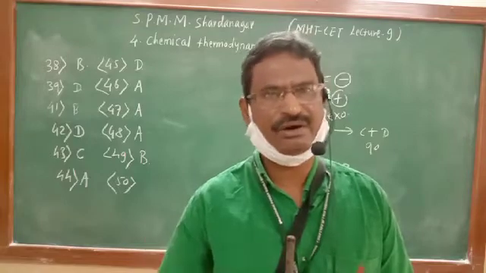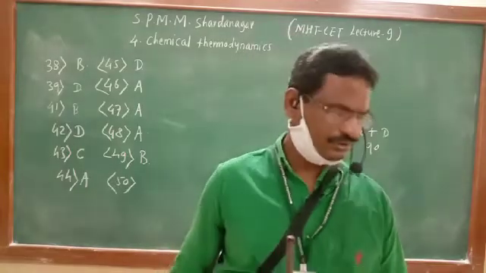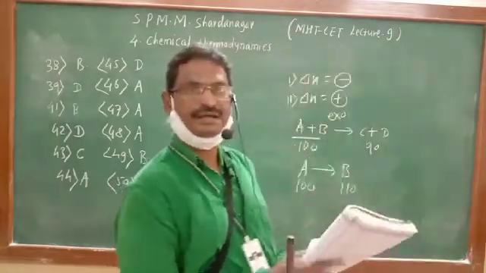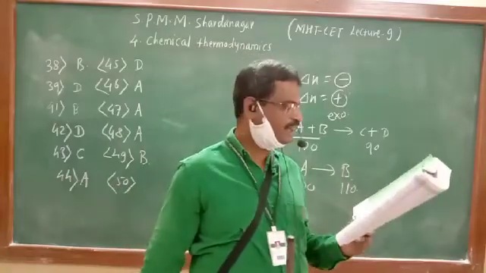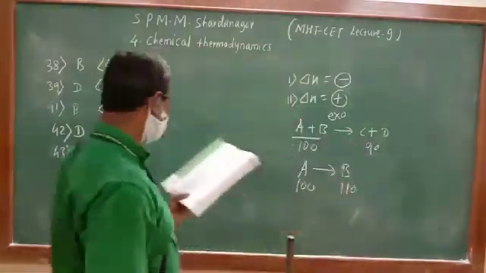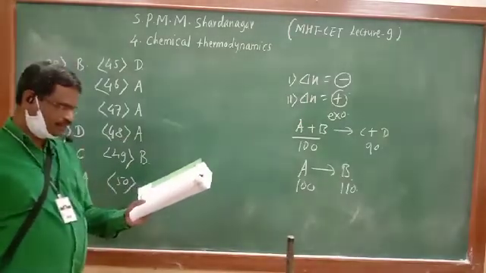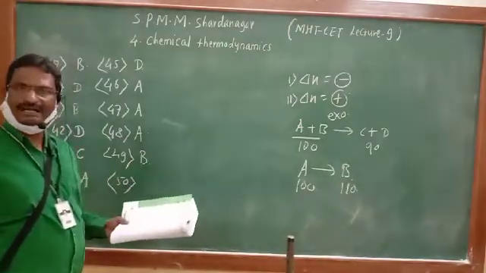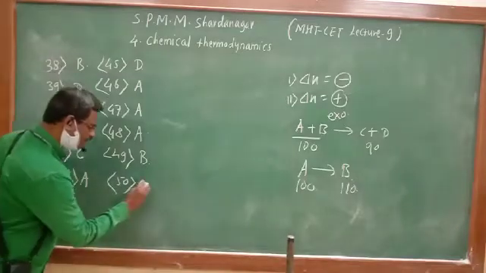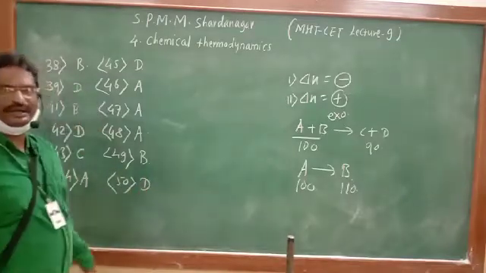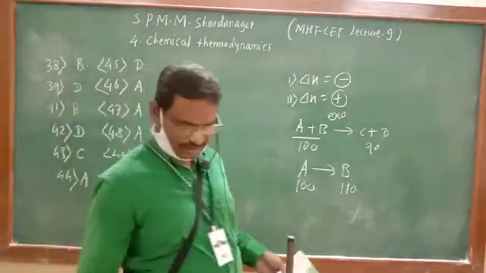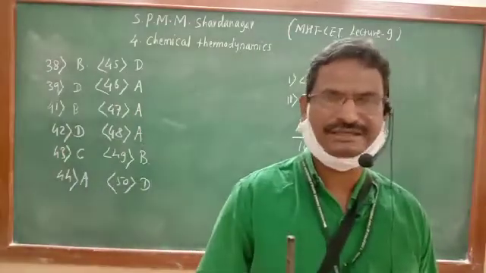That is enthalpy of neutralization. They have given heat of formation, heat of solution, heat of sublimation and heat of neutralization. So the last option D is correct, enthalpy of neutralization.